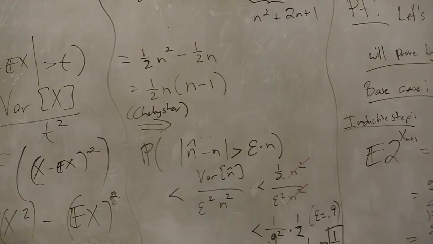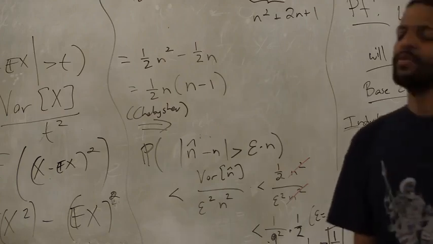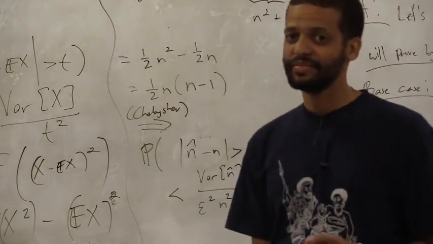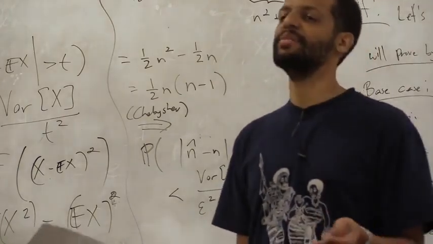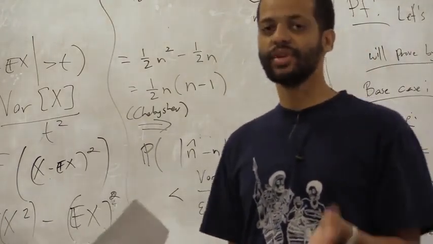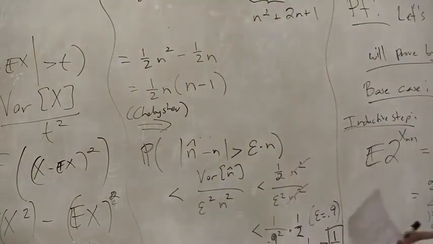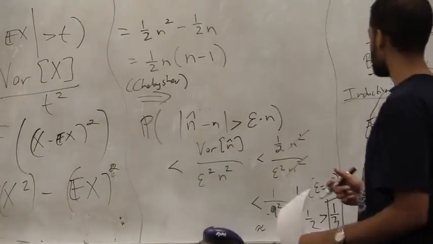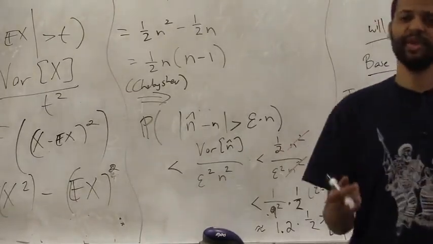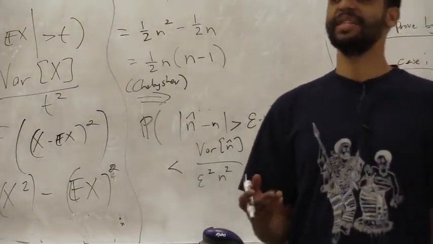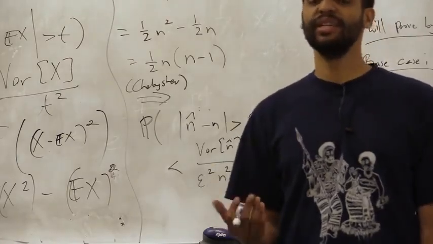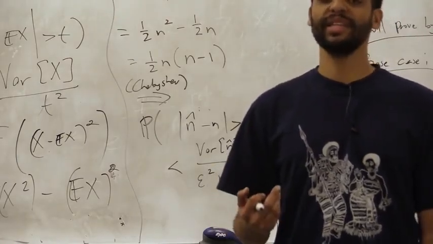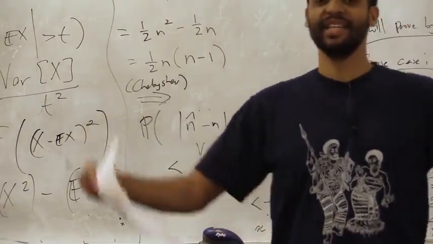So this isn't that good. What it's saying is, with probability at least 1/3, which is not tiny, but not that great either, I'll get an answer that's within 90% of the true answer. So if the true answer is 100, I promise you that I'll tell you something that's between 10 and 190.